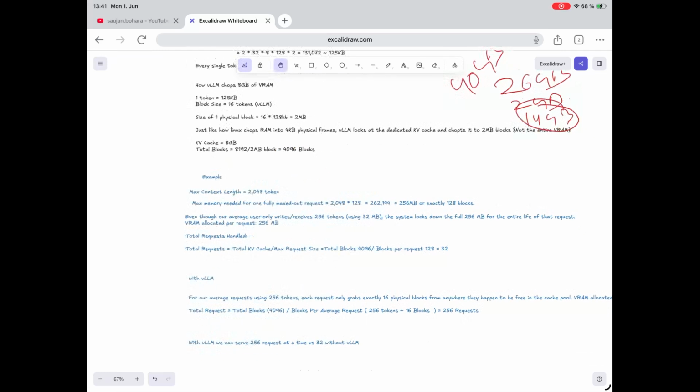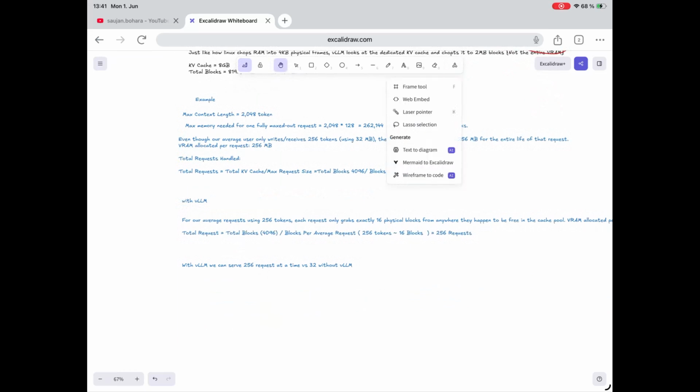So now we have all of this, let's see what kind of difference it actually brings. Previously, max context length was defined as 2048 tokens. Max memory needed for one fully maxed-out request, or for any request, would be 256 MB. So we can make 128 blocks for the entire VRAM space.